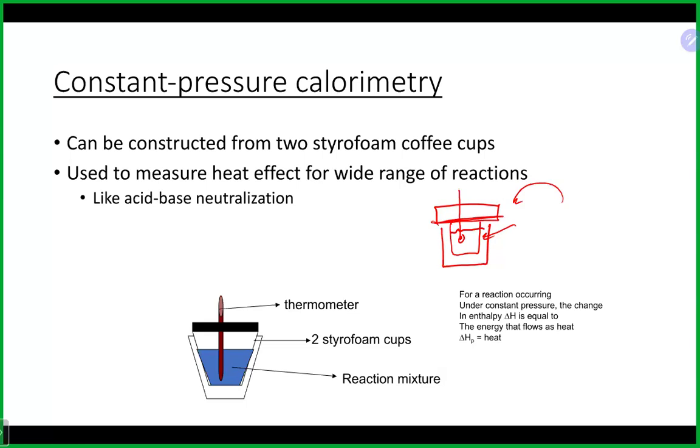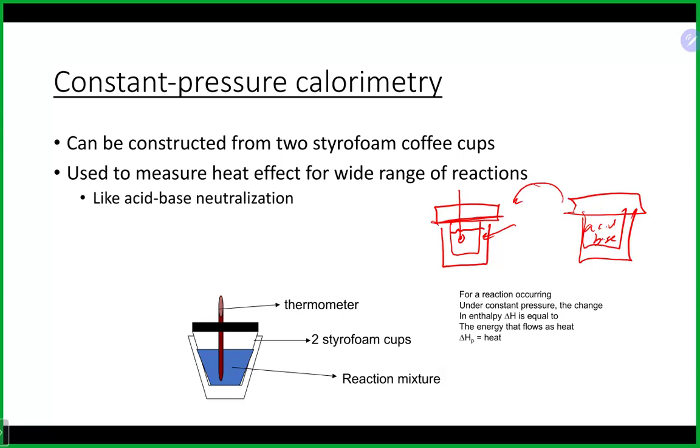You could also very easily mix together a couple of actual reagents. Like you throw an acid and a base in there and let it do its reaction. And just by following, again, the temperature change that occurs, you can figure out the energy associated with that reaction.